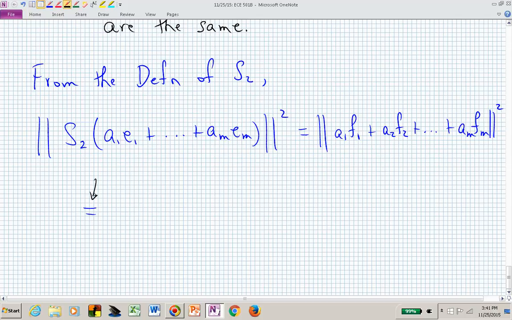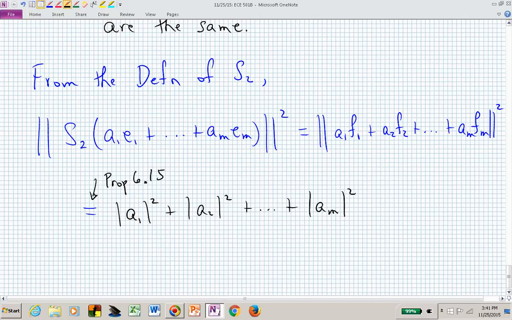I know you have all of these propositions memorized, but I'm trying to remind you of what we are now going to use. Now remember that the F's are orthonormal, and if we wanted to know the value of that norm squared, it's just the sum of the absolute values of those weighting coefficients, squared.